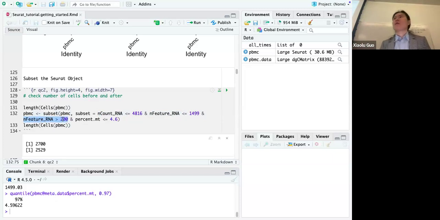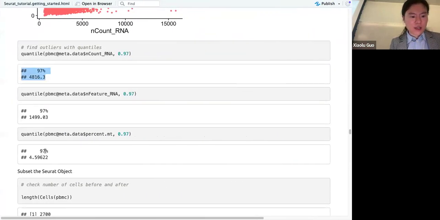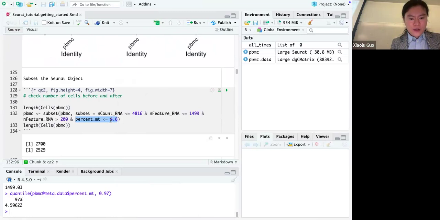By default, we require at least 200 genes expressed in the cells that we analyze. We also want the mitochondrial mRNA percent to be less than the threshold defined by the 97th quantile, which is 4.6. This excludes all the outliers and only preserves the cells that pass this filter.